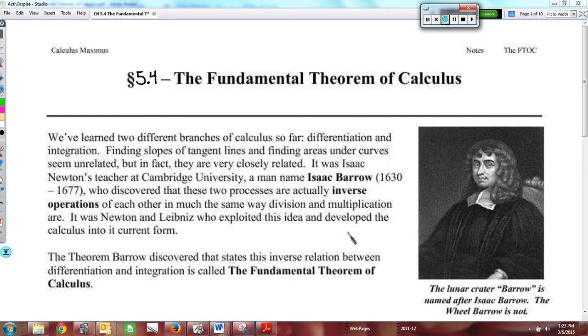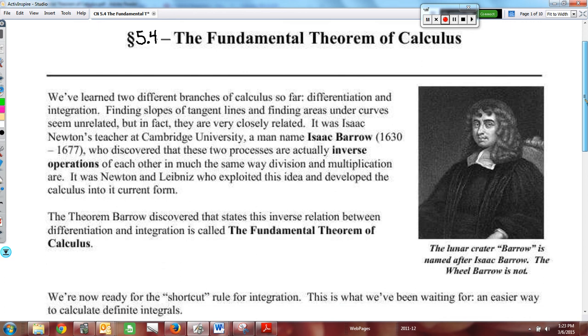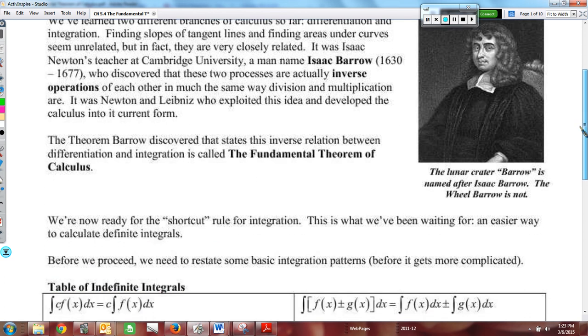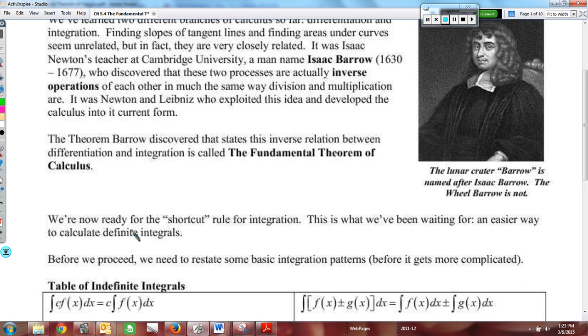And so his idea is that, and I've been coaching you all along, so it might seem obvious to you, but that the idea of finding this area under the curve using this definite integral and this process with the Riemann sums actually is directly related to the antiderivative and the differentiation process that we were using to work backwards in section 5.1. And so he's credited with making the connection. And then it was Newton and Leibniz, of course, who then exploited the idea that he came up with and developed calculus into the form that it is today.